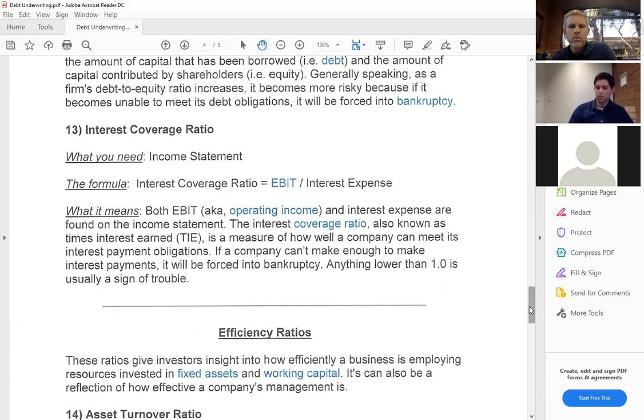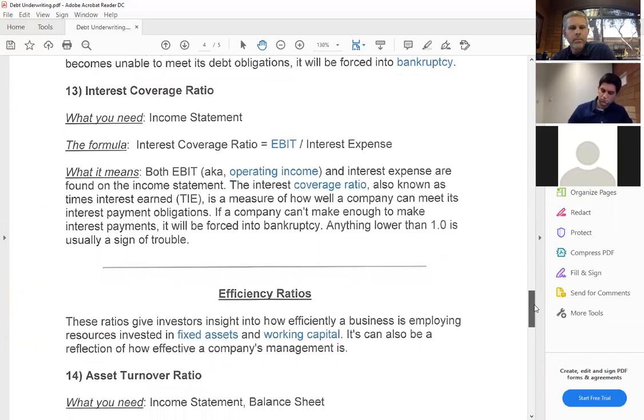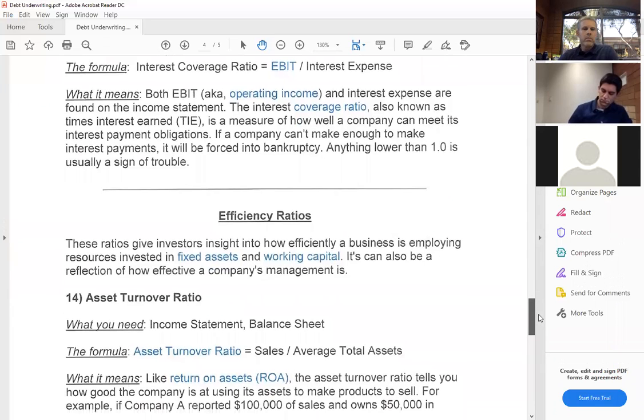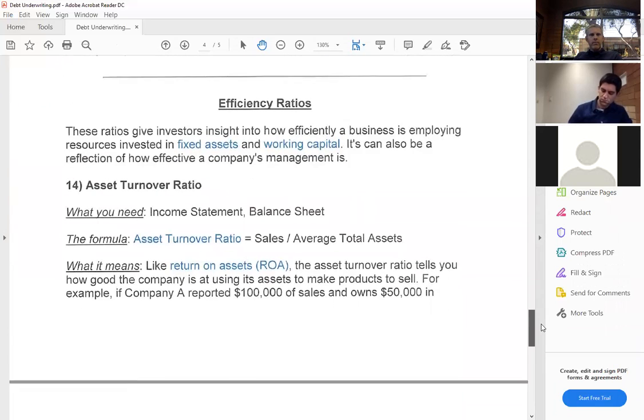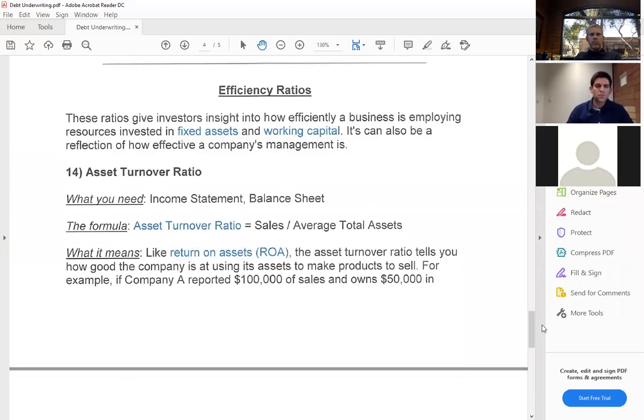Okay. Got it. And then efficiency ratios, so asset turnover ratio. These really just give investors insight into how effectively a business is employing its resources. The formula is right there. The asset turnover ratio tells you how good the company is at using assets to make products to sell.